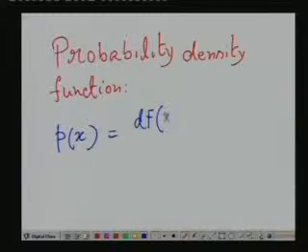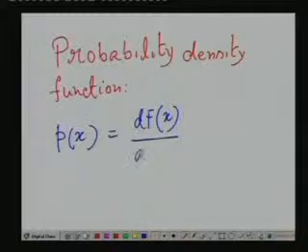Here for simplicity I am just writing it as a function of small x, this probability distribution, and deriving it with respect to x. This is called the probability density function.